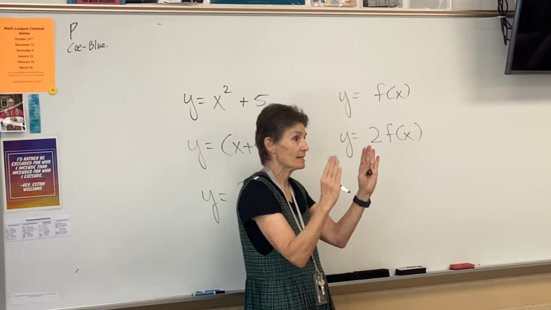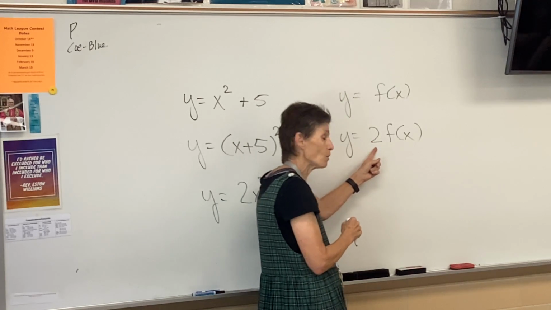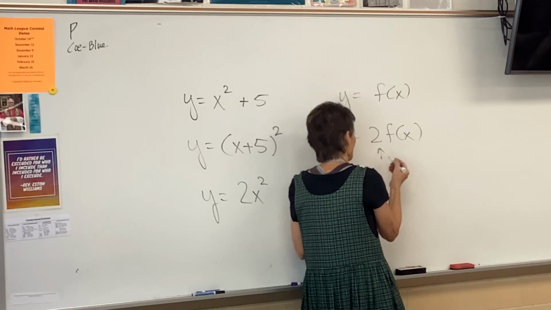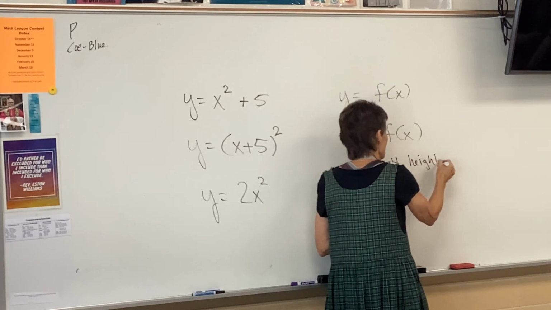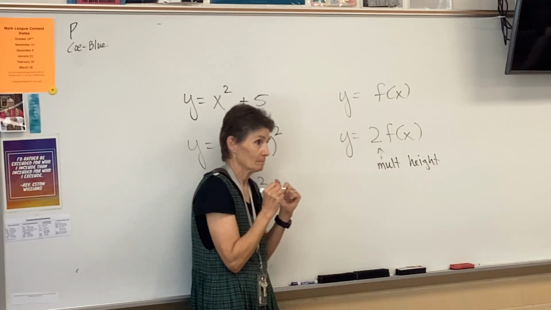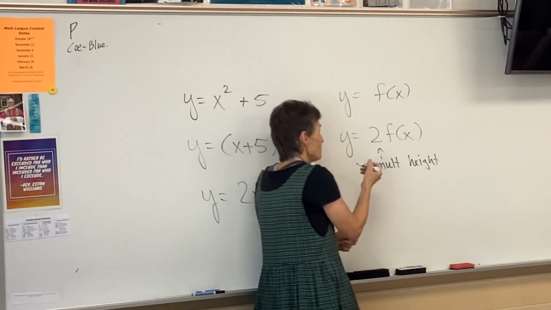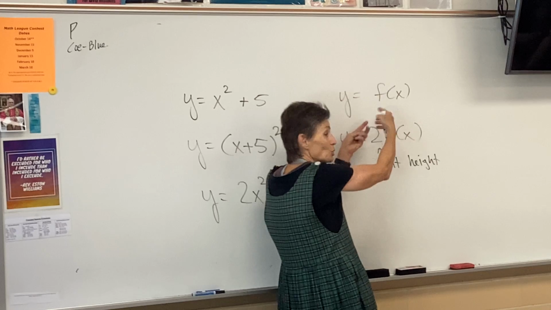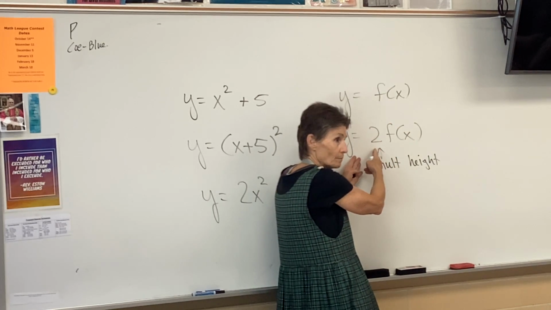It changes its size. And when you put a multiplier out in front, it actually multiplies the height. So that's a y thing. Whatever that original picture looked like, this would be 2 times as tall.